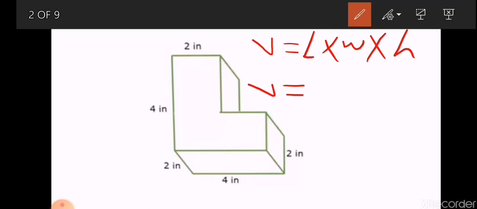And if you are given length multiplied by width, it means the area of the base. So you can replace length times width by the area of the base, then multiplied by the height will also give you the volume. I want you to remember also that the unit for any volume will be units cubed.